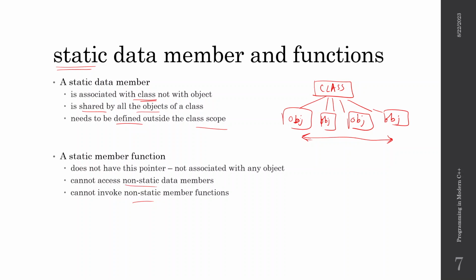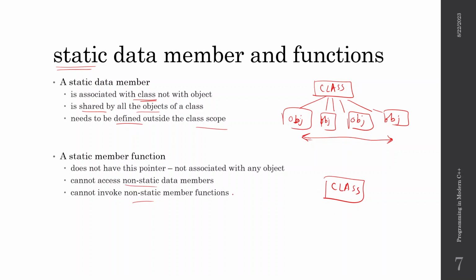Let us say that we have a class, and we have not created any objects of this class, but we can still call a static member function. It will be able to access only the static data members, because the non-static members have not been initialized.